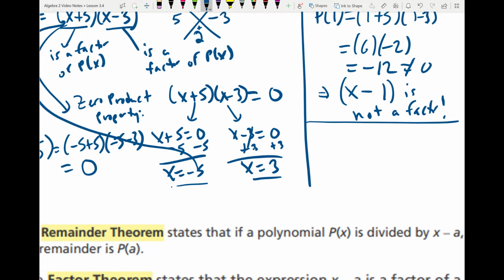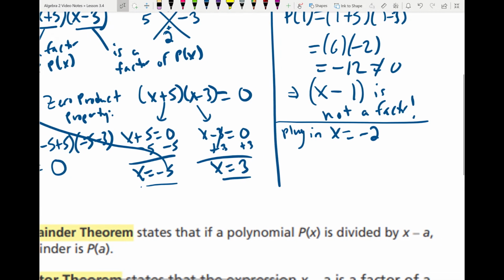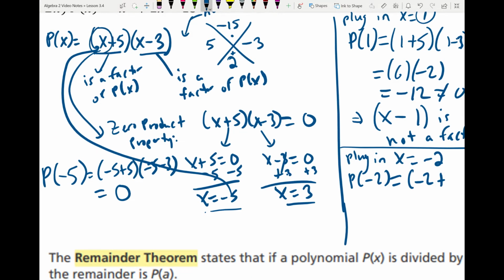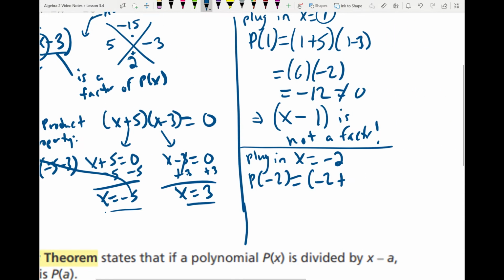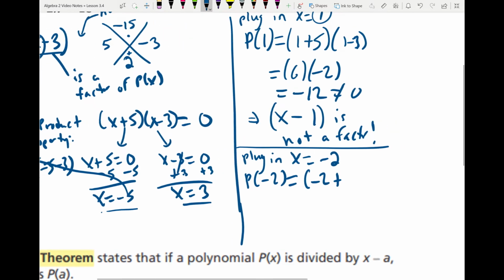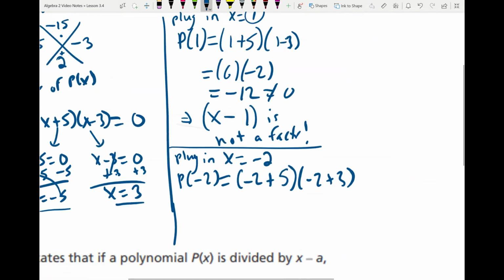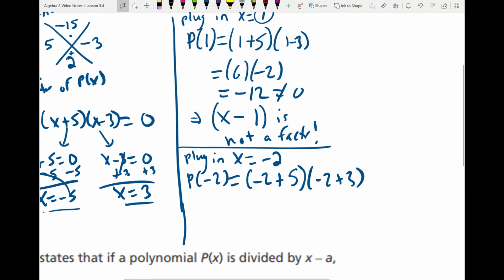So if I plug in x is equal to negative 2, so I get p of negative 2 equals negative 2 plus 5, we're plugging it into x here, right? So negative 2 here and here. So negative 2 plus 5, negative 2 plus 3, or minus 3, I'm sorry.